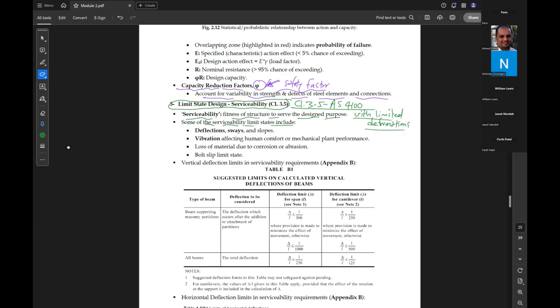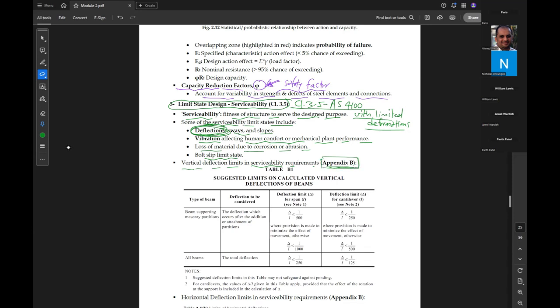Some of the serviceability limit states include deflection, sway, and slopes, vibration affecting human comfort and mechanical plant performance, loss of material due to corrosion or abrasion, bolt slip limit states. But mainly we are looking at the deflection in this limit state. Vertical deflection limit states and serviceability requirements, Appendix B.